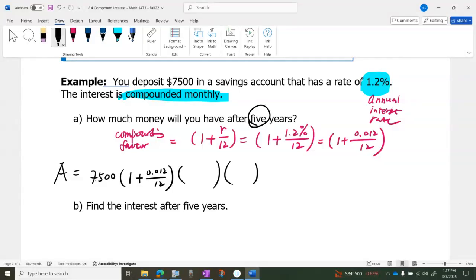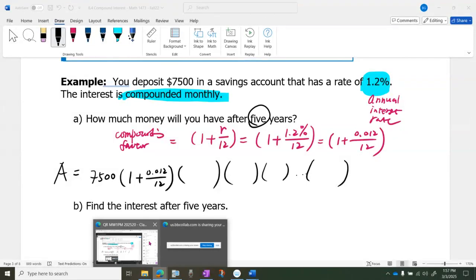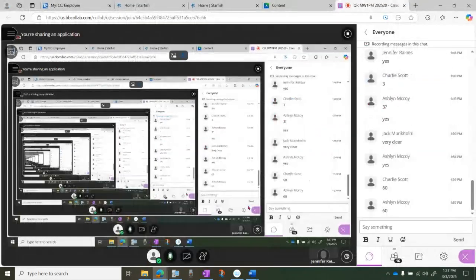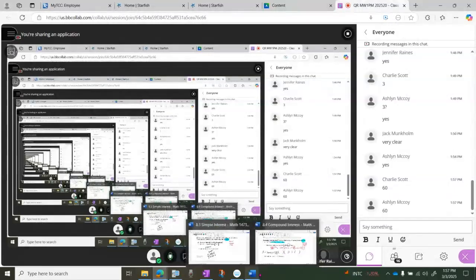After another month, do it again. Another month, do it again. So tell me, how many months in 5 years? Awesome, exactly 60 times. 60 months in 5 years.